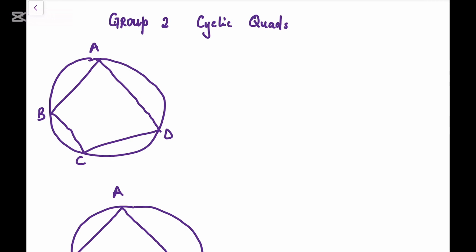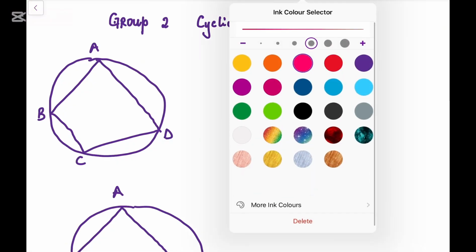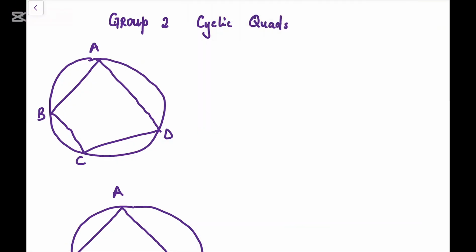So that means as long as you see any four-sided figure, you need to make sure that the vertices lie on the circle. Then you can conclude that the opposite angles add up to 180.